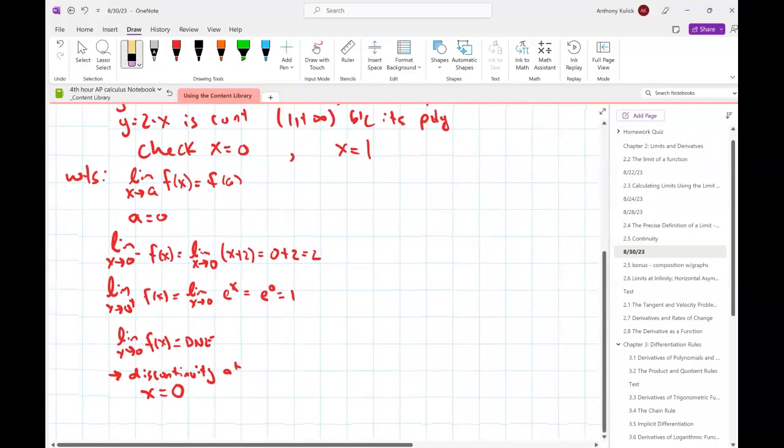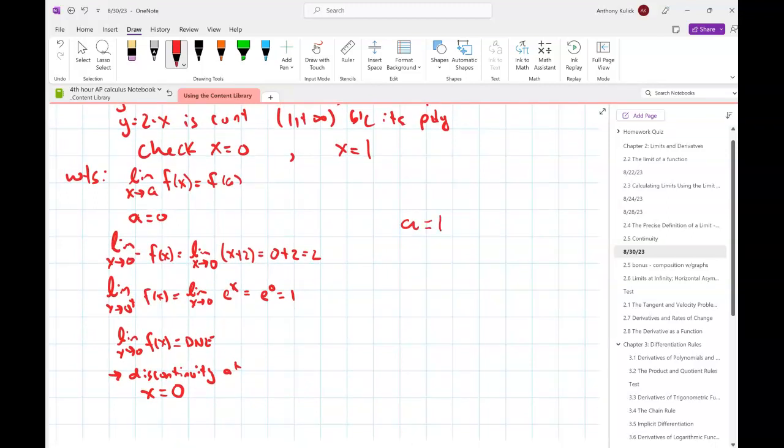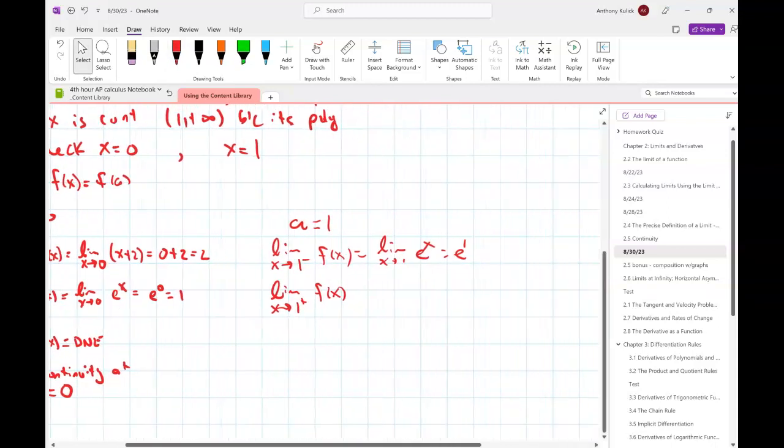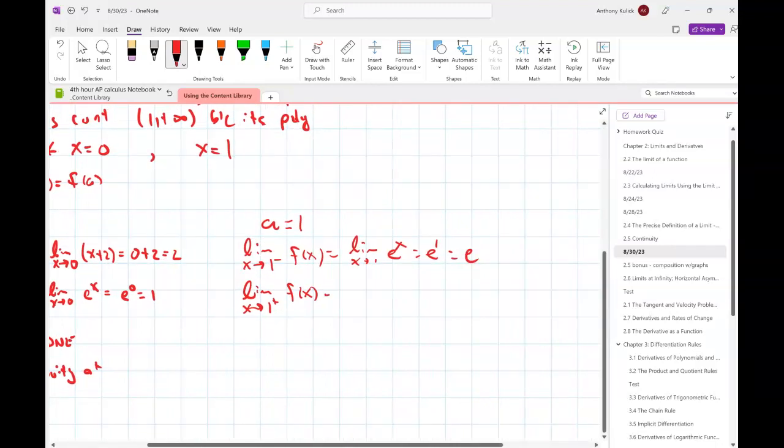Now let's look at x equals 1. So again, piecewise function. So I'm going to have to check the limit as x approaches 1 from the left, as well as x approaching 1 from the right. So from the left, that is the same thing as the limit as x approaches 1 of e to the x. Again, that's continuous, so I can just do direct substitution. That's e.